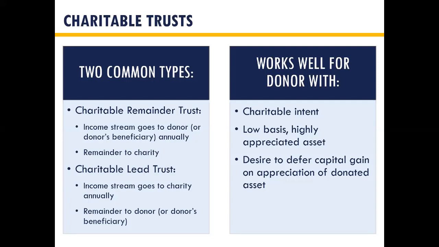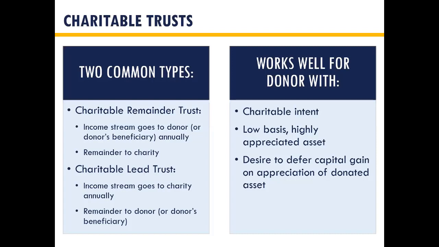A remainder trust is where the remainder goes to the charitable organization. So after my life, the remainder of that trust balance goes to the charitable organization. And the opposite is the lead trust. The charitable beneficiary is the lead interest, the first interest in that trust.